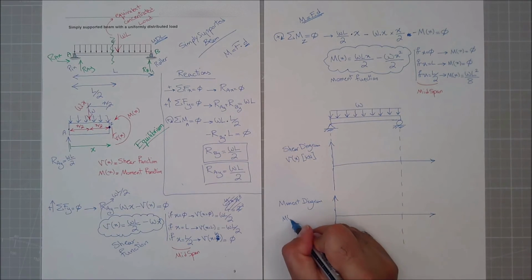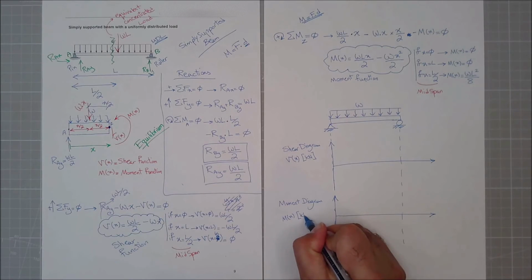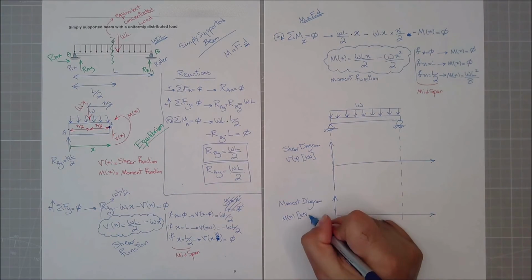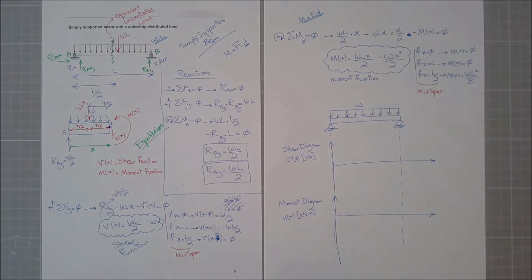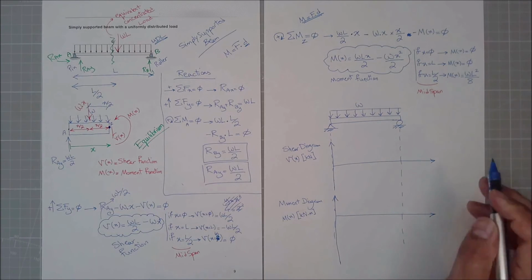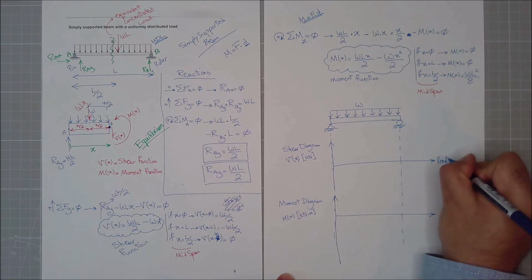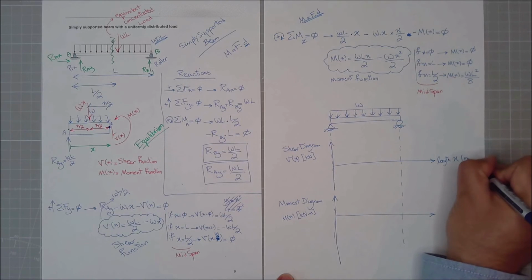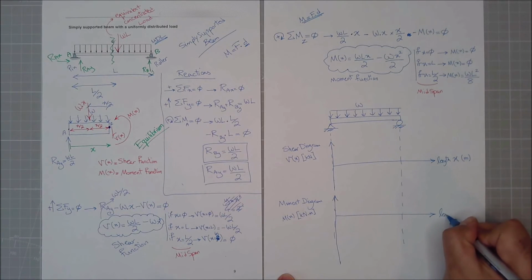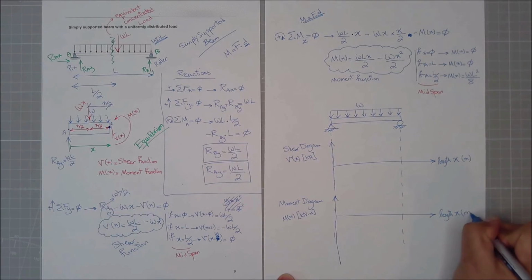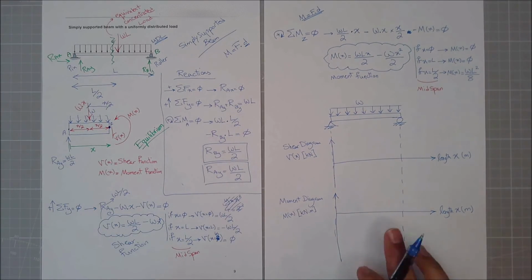If its moment, it will be m of x, and the unit will be kilonewtons times the unit of length. What is this? This was the length, or let's call it x, and let's say the units are in terms of meter. In this example, we don't have the units, so it's just unitless, but I'm just preparing you for the coming ones.